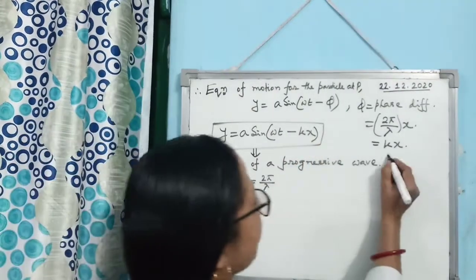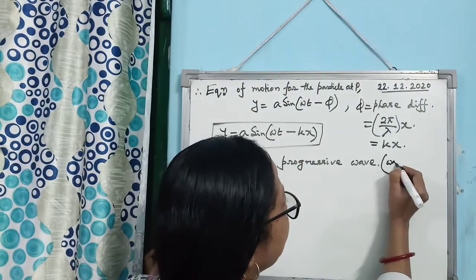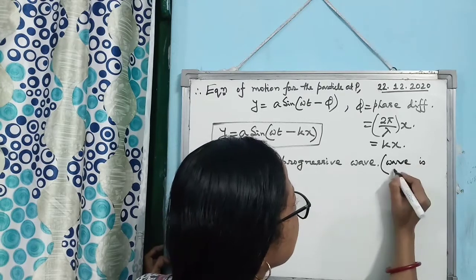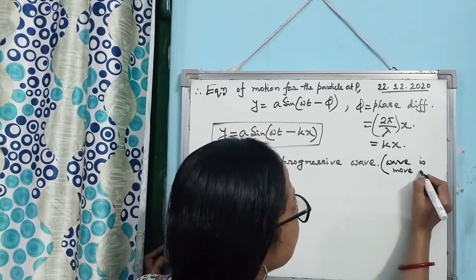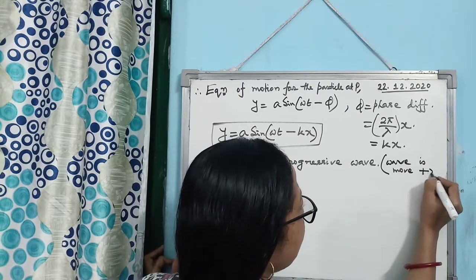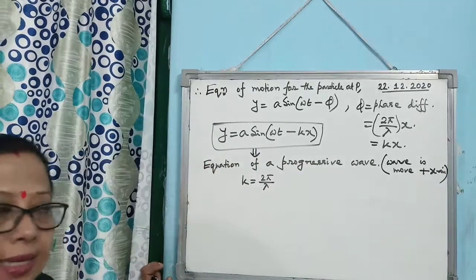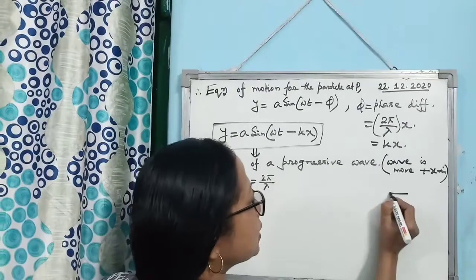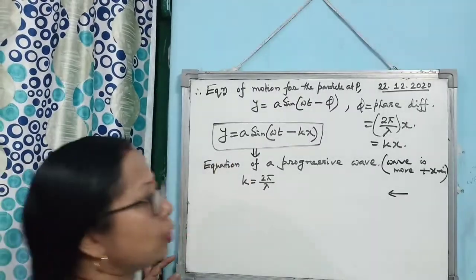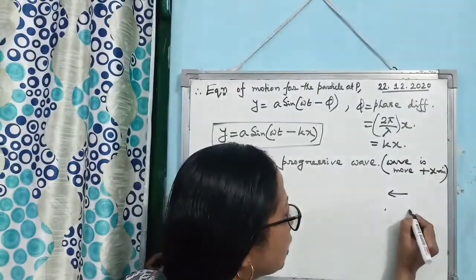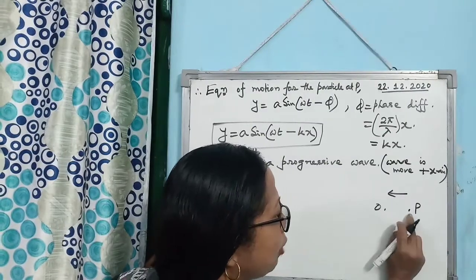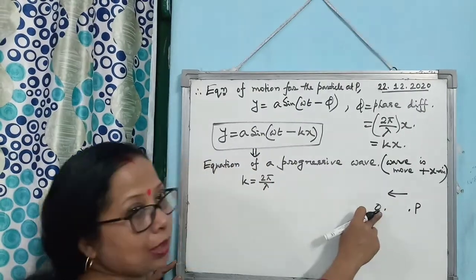In this case, remember the wave is moving towards the positive x-axis. Then it is omega t minus kx. But if the wave moves in the opposite direction, then what will happen? If the wave moves in the opposite direction, then P will vibrate first, then O will vibrate.